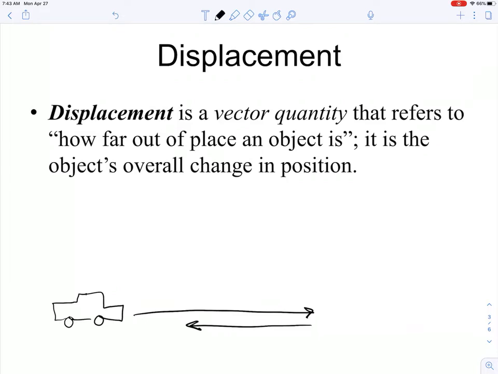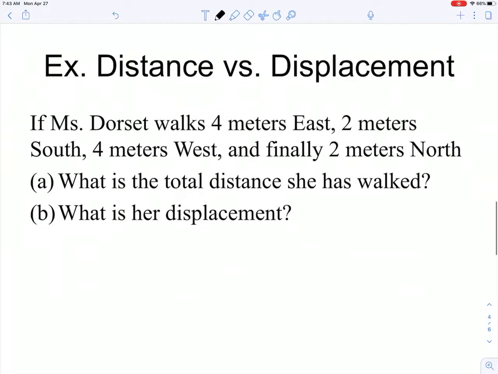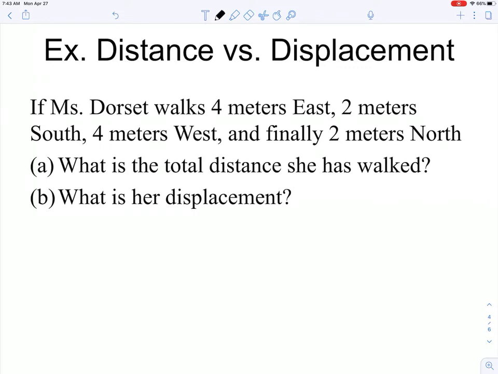Okay, so just in the opposite direction. Your total distance traveled would be the 15 miles plus the 10 miles, so 25 miles total. However, for displacement, it would actually be just from where you started to where you ended. So you would only be 5 miles in the east direction, and that would be your displacement.